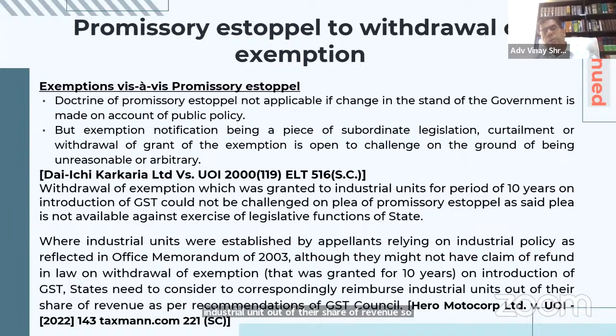So you see the Honorable Supreme Court, keeping in mind the interest of both sides, said that it is not necessary that the benefit granted in the erstwhile indirect tax regime has to be continued in the current era, but at the same time, it urged the government to grant the benefit which would have been otherwise available in the form of a cash benefit out of their share of revenue.